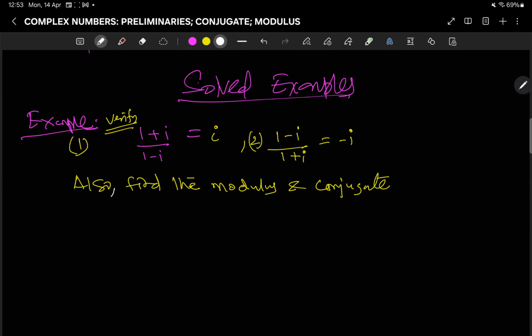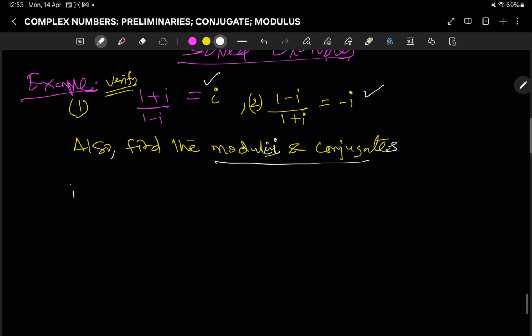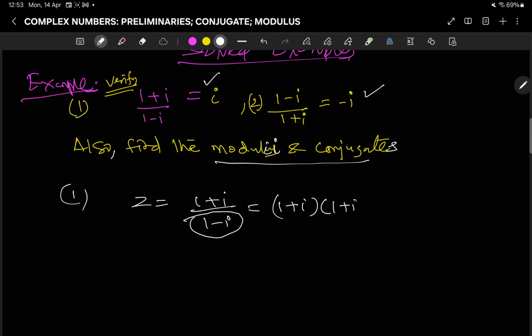Now coming to the question, verify this is i and this is minus i. Also find the moduli and conjugates. Okay, so now in the first, z is equal to (1 plus i) by (1 minus i). We have to rationalize it, make it free. So this is (1 plus i) into (1 plus i) divided by (1 minus i) into (1 plus i). I multiply its conjugate in the denominator.